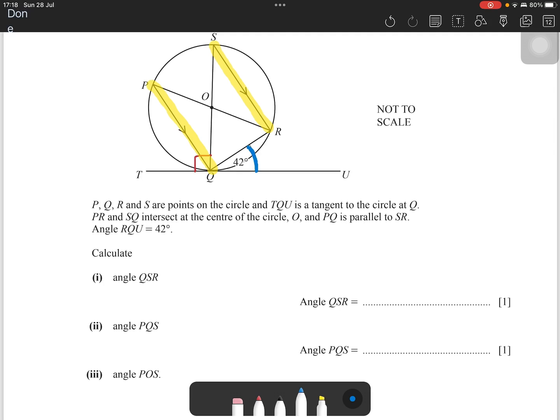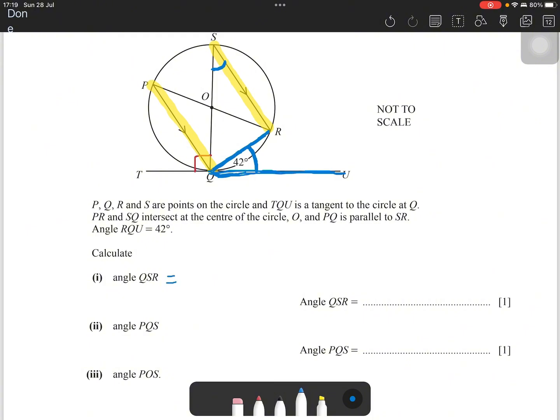We see that the angle RQU is the angle formed by the tangent and the chord QR. So it is equal to the angle QSR, because QSR is the angle at the circumference subtended by the same chord QR.